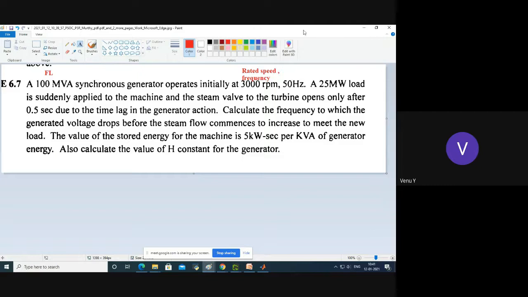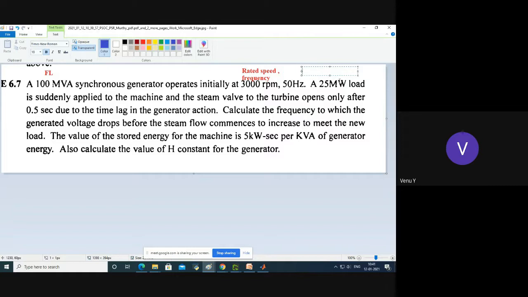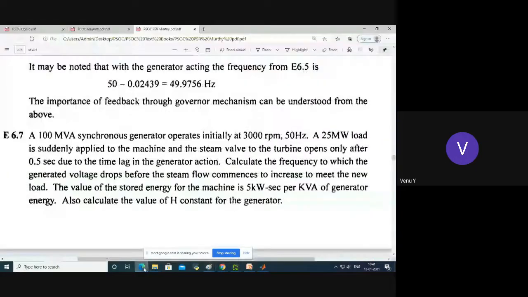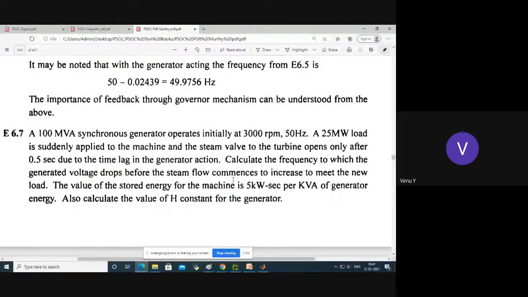Now this is delta PD. Delta PD is 25 megawatts. Delta T is 0.5 seconds. And constant H is equal to 5.